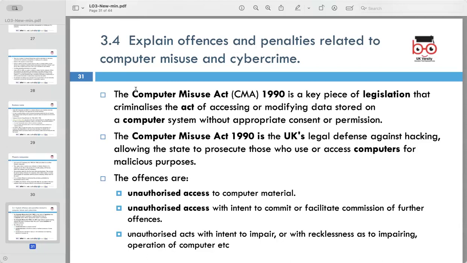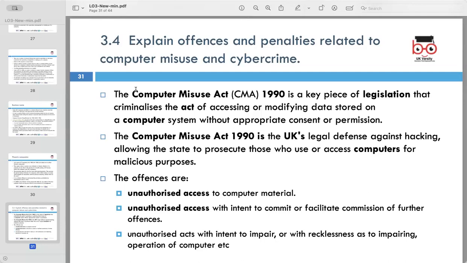It criminalizes unauthorized access to or modification of data stored on computer systems without appropriate consent or permission. Essentially, the CMA, or Computer Misuse Act, serves as the UK's legal framework to combat hacking and prosecute individuals who exploit computers for malicious purposes.